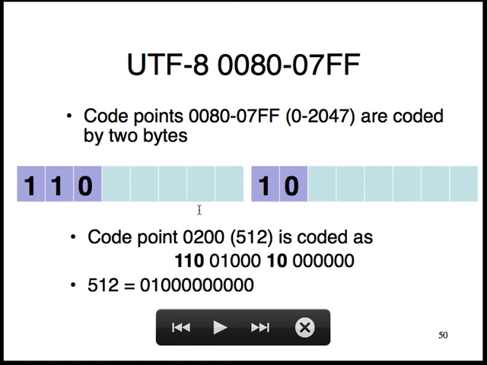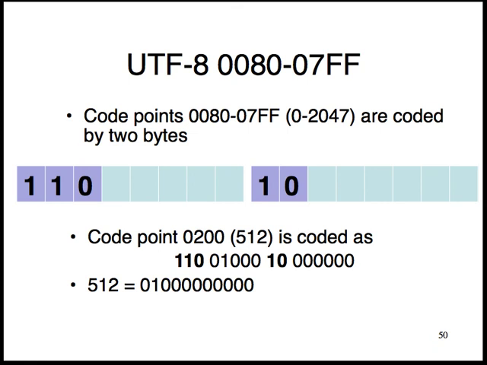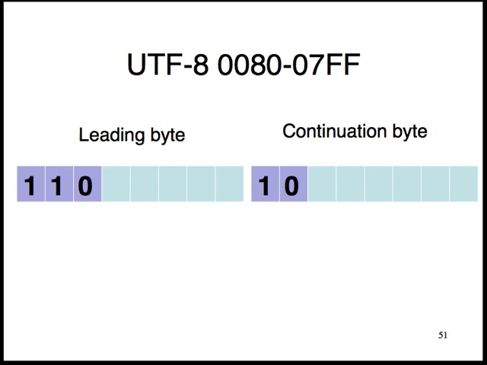So the payload is 11 bits. So you have 16 bits to play with. You're only using 11 bits for data, and then you're using 5 bits for kind of control. Gets more interesting.